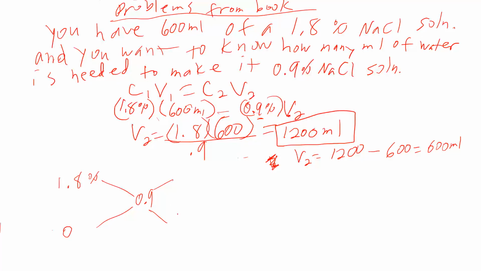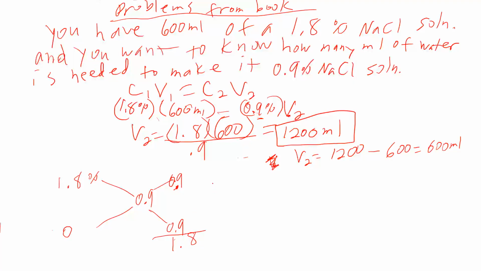And we know that the difference here is 0.9, the difference here is 0.9, and that the total is 1.8. So it's 0.9 parts of 1.8%, 0.9 parts of the water, 0%, and the total is 1.8.